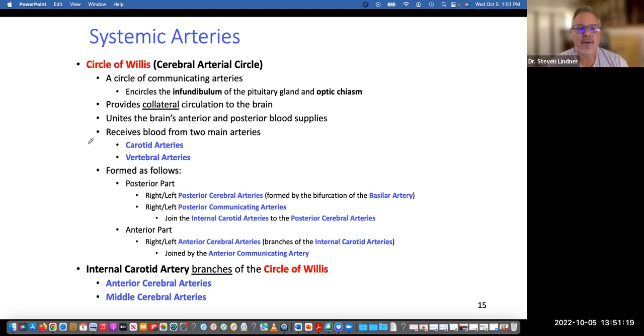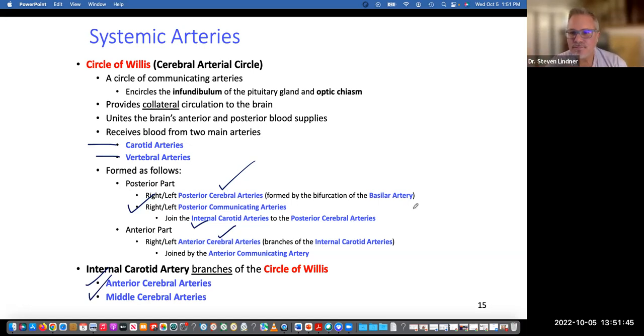Understand carotids, vertebrals, the posterior cerebral arteries, the posterior communicating arteries, the internal carotid artery, the anterior cerebral, the middle cerebral, the posterior cerebral, and then the anterior and posterior communicating arteries, okay?